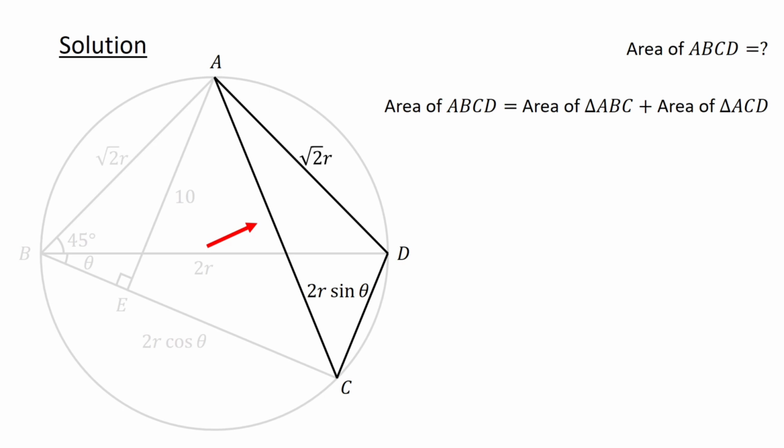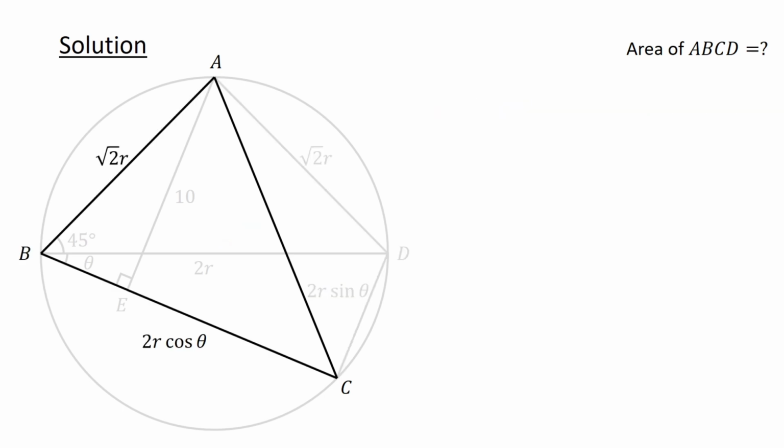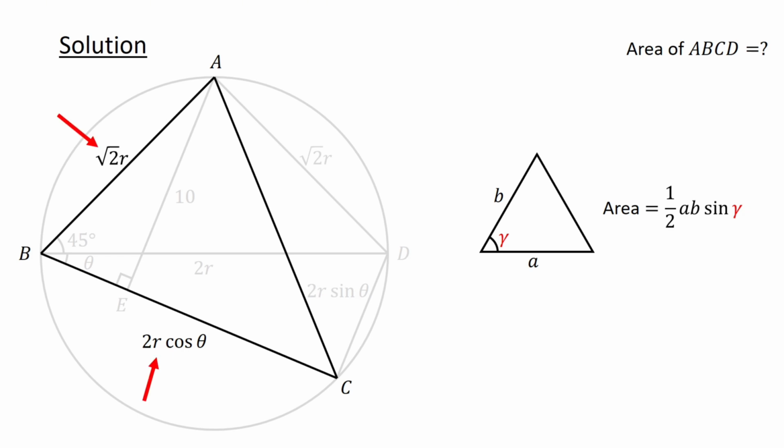First, let's calculate the area of triangle ABC. Recall that given a triangle with sides A and B and included angle gamma, the area of the triangle is half AB sine gamma.